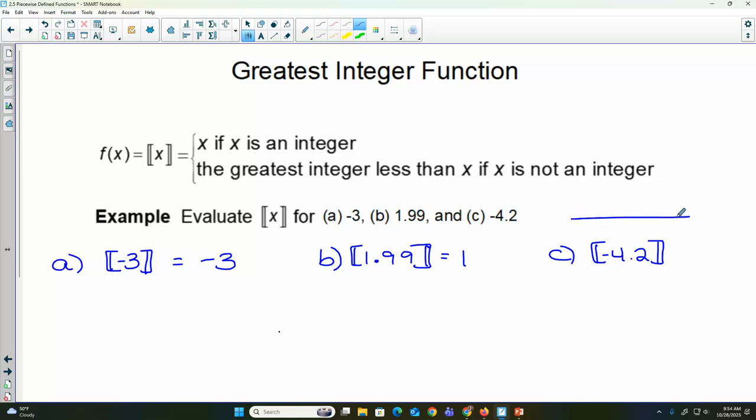If you think about it on a number line, here's -4. Yeah, -4.2 falls between -4 and -5. The smaller one is -5. So you can't get out anything bigger than what you put in. Do you guys understand what this greatest integer function is doing?